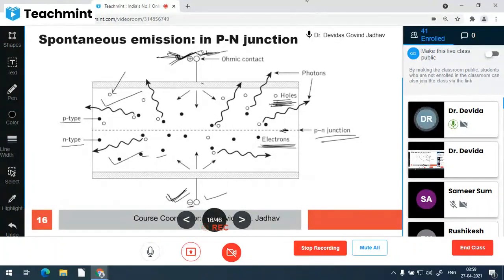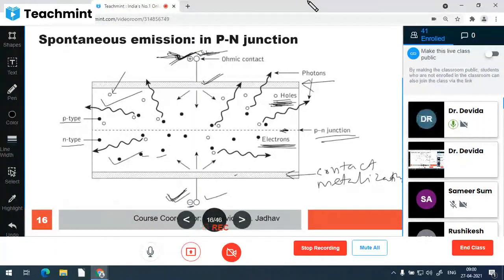This is the contact metallization. Similarly, this is contact metallization.